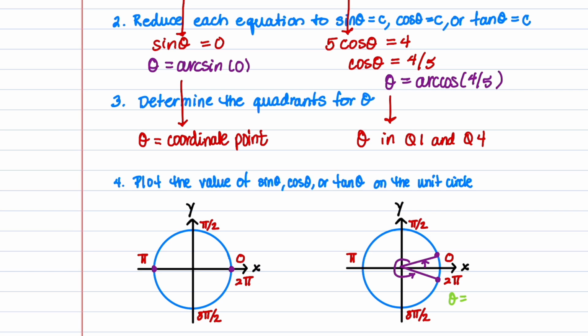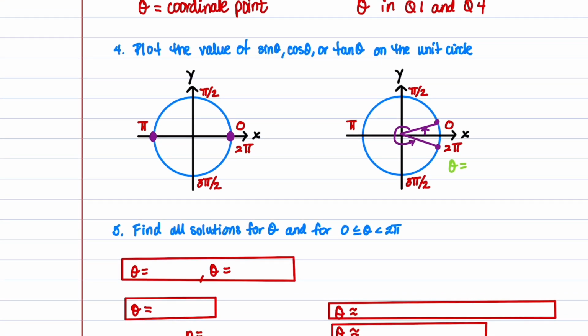We'll now plot the value of sine theta and cosine theta on our unit circle. In our diagram on our left, we're going to plot where sine theta is equal to 0. Sine theta is equal to our y value, and that's going to be 0 at this point and at this point.